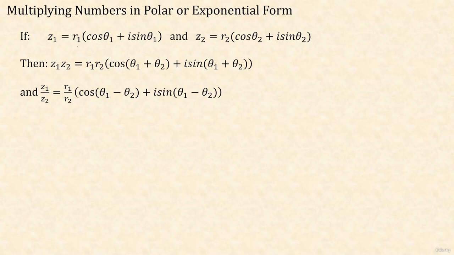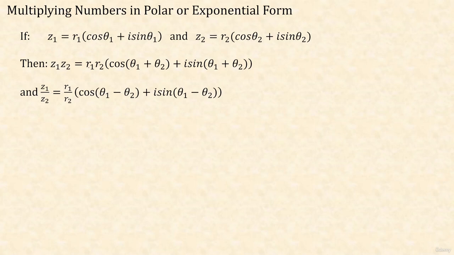Here's the important result, and it looks harder than it actually is. If you have two complex numbers, z1 and z2, and their moduluses are r1 and r2 respectively, and their arguments are θ1 and θ2, then the following holds. If you multiply those complex numbers, then the new modulus is simply the modulus of z1 times the modulus of z2.